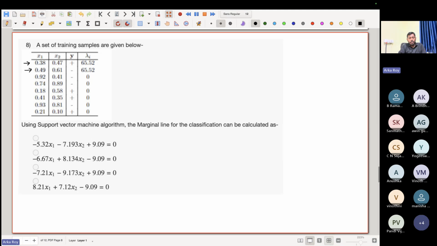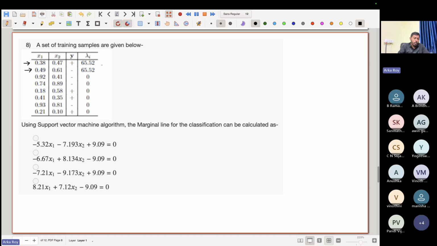Similarly, the second data point, which belongs to the negative class, is also yielding a non-zero lambda i value.